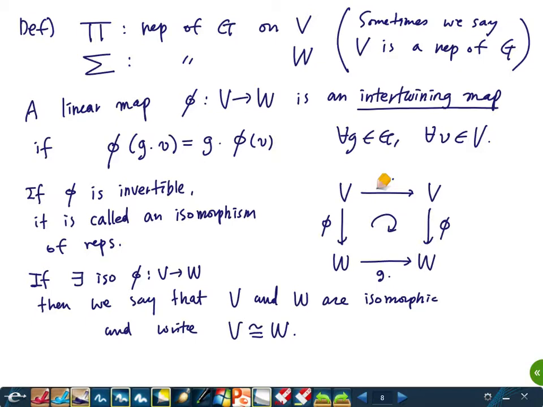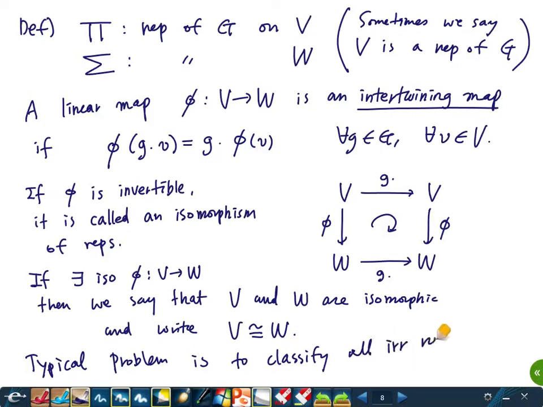So we have learned two important concepts, irreducible and isomorphic representations. So a typical problem in representation theory is to classify all irreducible representations up to isomorphism. So given a group or a Lie algebra, the question is, what are the irreducible representations of this?